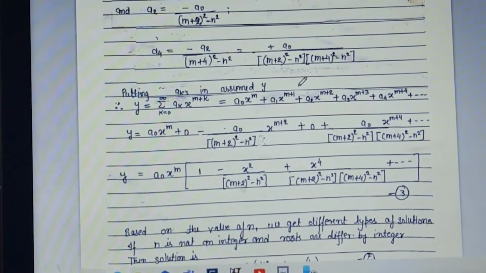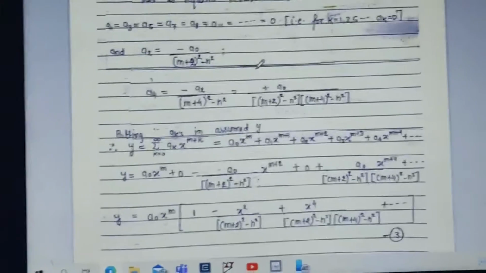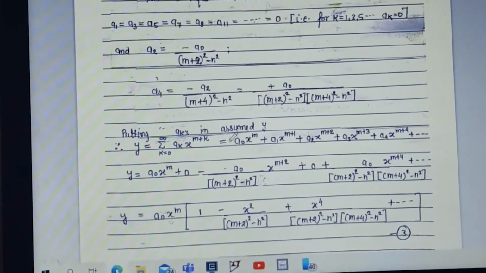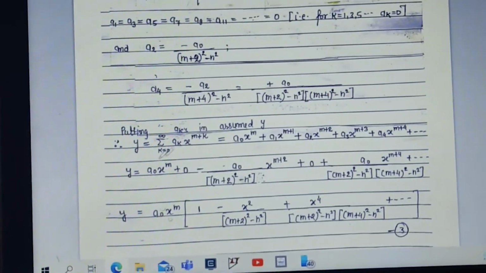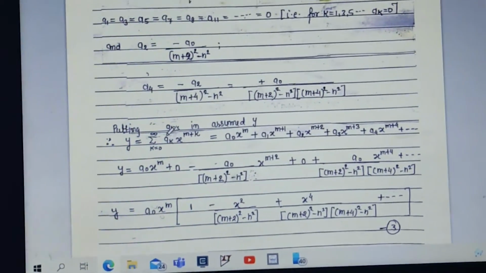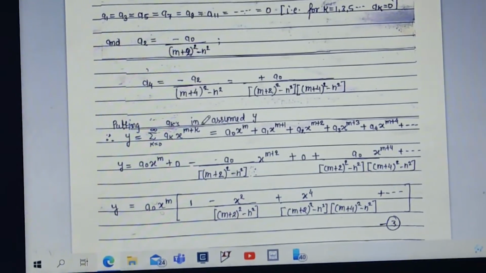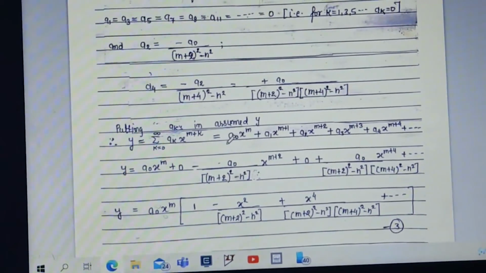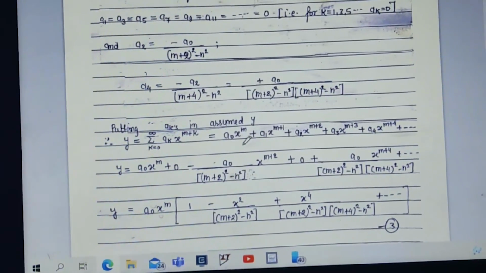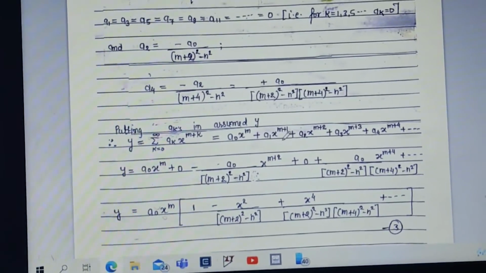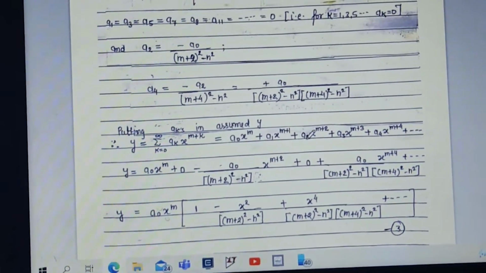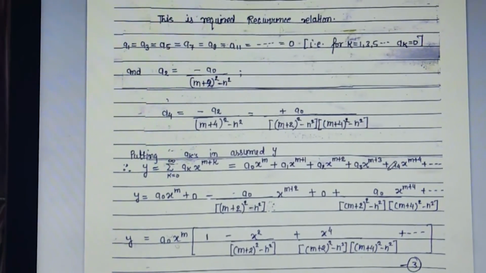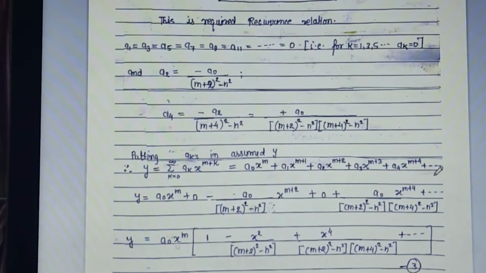Now we put all the values that we have found out, a1, a2, a3, everything, into y. So y is equal to the summation of k = 0 to infinity of a_k x^(k+m). That is equal to a0 x^m + a1 x^(m+1) + a2 x^(m+2) + a3 x^(m+3) and so on and so forth.